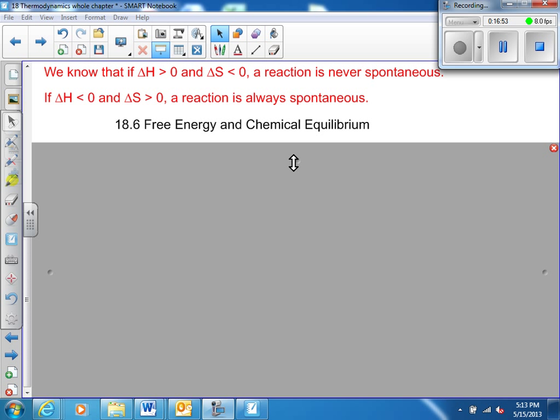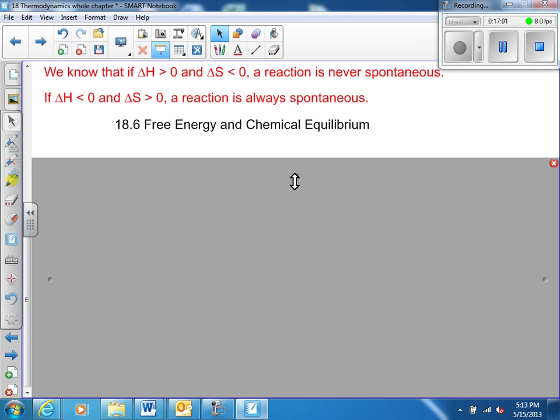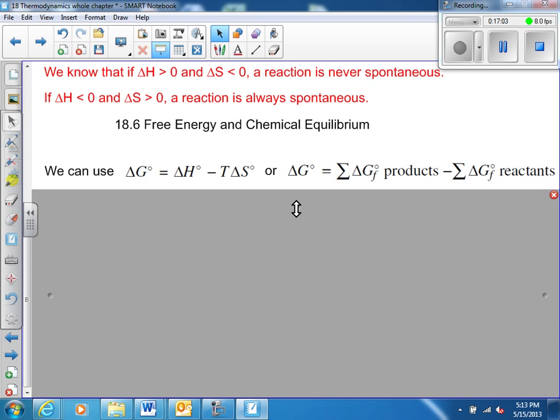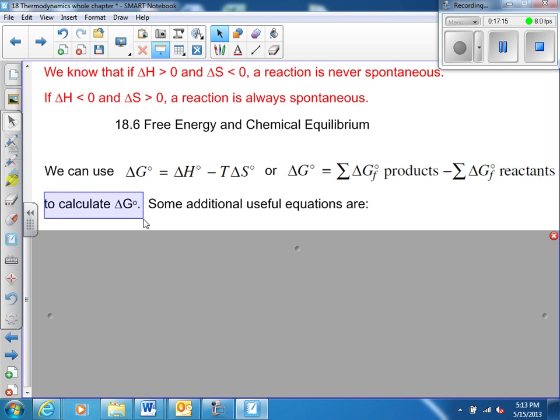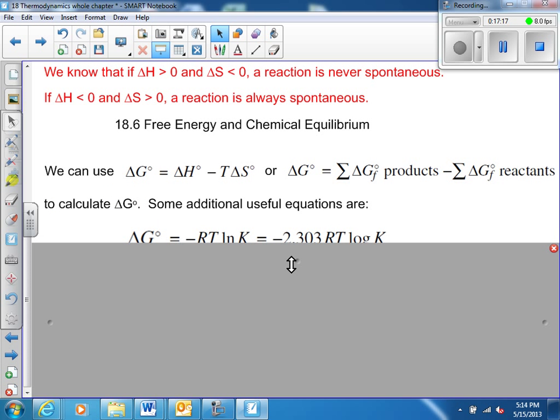Okay, so last thing here, and then we'll do a little practice on all of these. Free energy and chemical equilibrium. So we've been talking about equilibrium in the last few chapters. Now we're talking about free energy, and we're going to unite everything all together. So we have this equation right here. We have that equation. We have this equation. And we can use either of those equations to calculate delta G. And then there's this other equation.